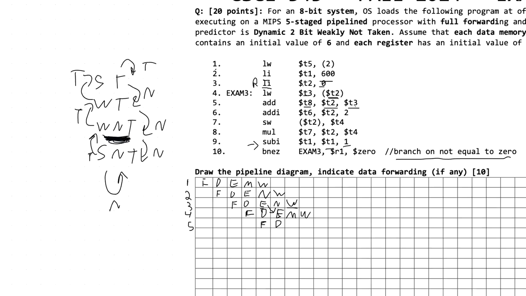So T2 doesn't have a problem anymore because it's already in this write back stage during this cycle, so I don't have to worry about it anymore. I do need to worry about T3. And the problem is T3 comes from instruction 4, but instruction 4 is a load word, not an R-type and not a load immediate. Therefore, I cannot data forward. If I cannot data forward, this tells me I have no other choice but to stall.